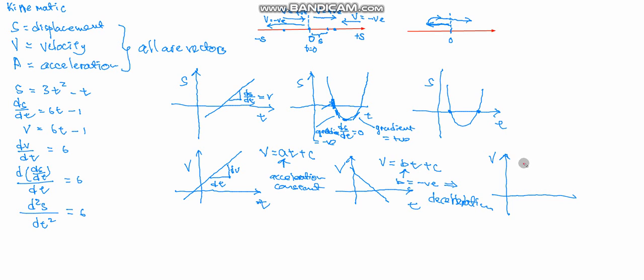What about if you have a graph like that? Now this curve here, at any one point you see it has a negative gradient. Because it's a curve, at every point the gradient of the tangent is different.